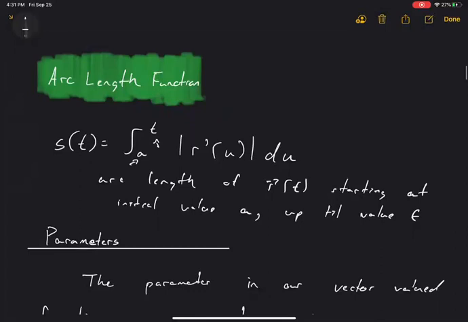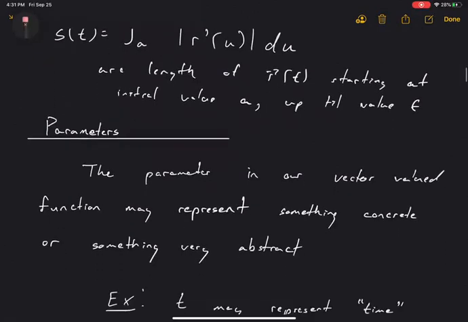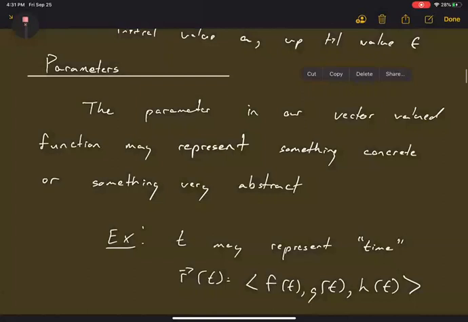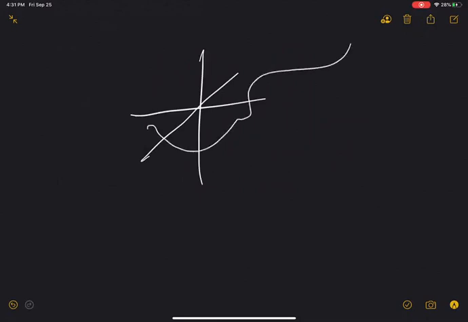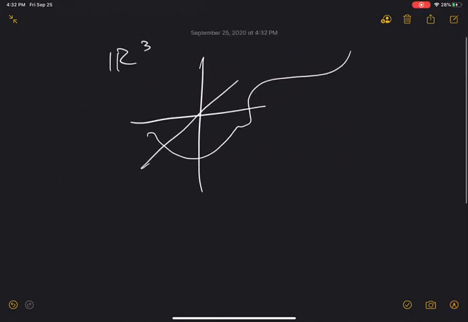Okay, and since we're talking about parameters, let's talk a bit more about parameters. This might be a little bit confusing because we're talking about this vector valued function spitting out values in R3.